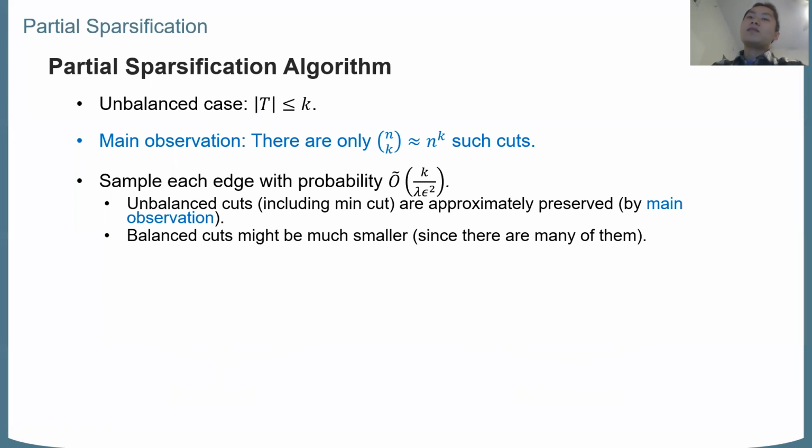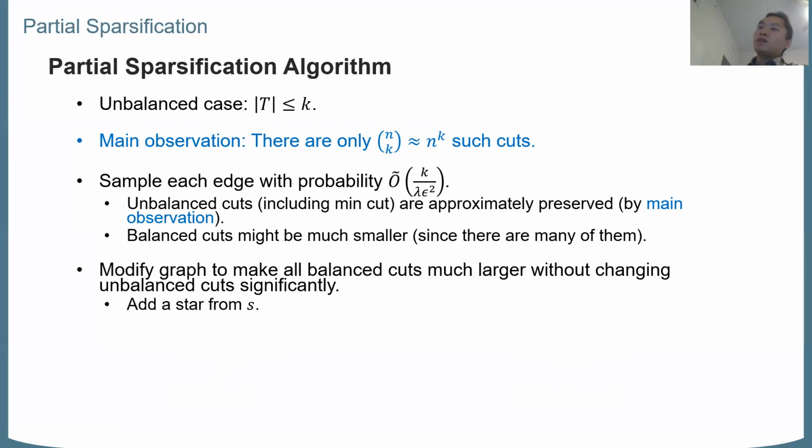And for balanced cuts, they might be much smaller. So they cannot be preserved because there are exponentially many. But that's bad because we will lose the information of the min cut. So we want to modify the graph to make all balanced cuts much larger without changing unbalanced cuts significantly. And we do this simply by adding a star from the source.